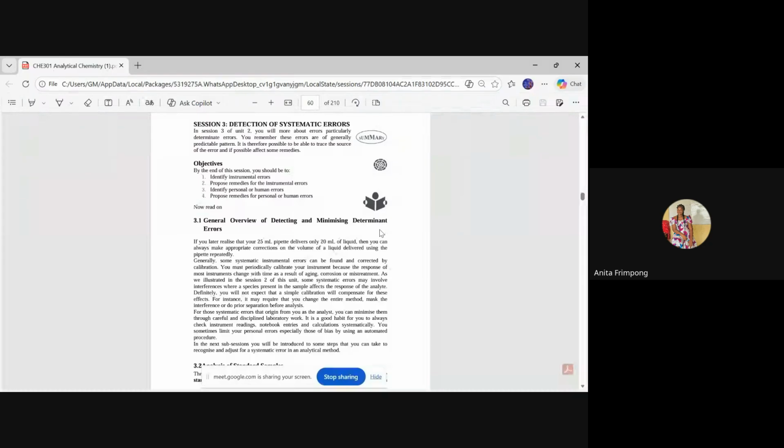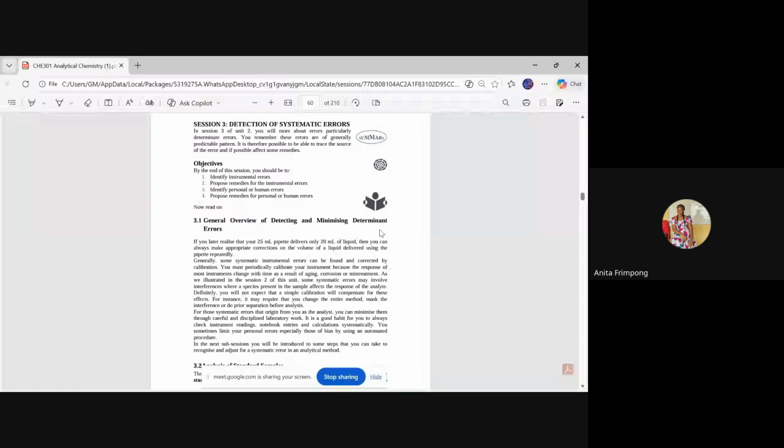General overview of detecting and minimizing determinate errors. If you later realize that your 25 milliliter pipette delivers only 20 milliliters of liquid, then you can always make appropriate corrections on the volume of liquid delivered using the pipette repeatedly.